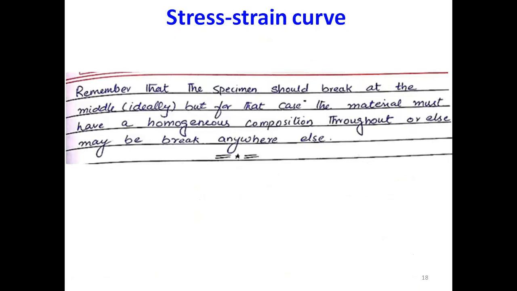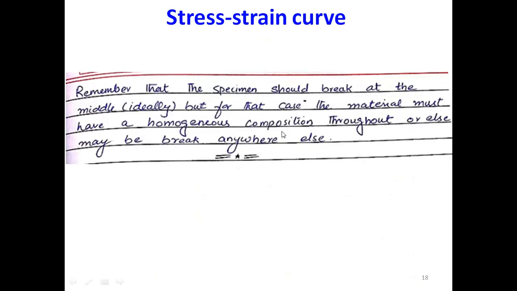Also, one paragraph is written here, you could read it, because last time a student asked a question: why would the material fail in the middle? Remember that the specimen should break ideally at the middle, but for that the material must be homogeneous, its composition must be homogeneous.